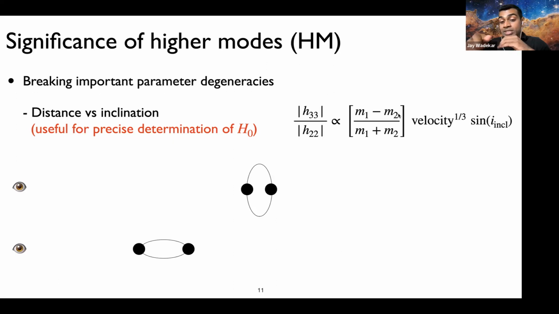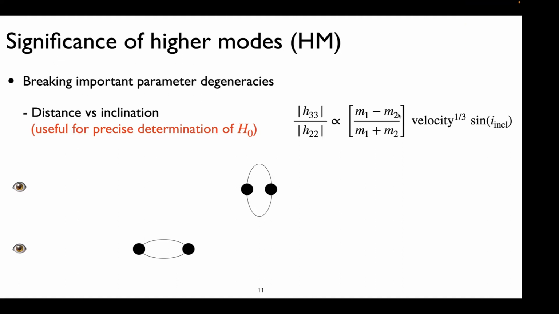So what you are saying would be very interesting: suppose in the future we have a neutron star black hole merger which we can find a counterpart to. That will be very interesting, because in neutron star black holes there can be these higher modes, and so we would be able to estimate the distance more precisely for this neutron star black hole candidate than we could for 170817. Great, thank you, Jay. That clears up a misconception I had.